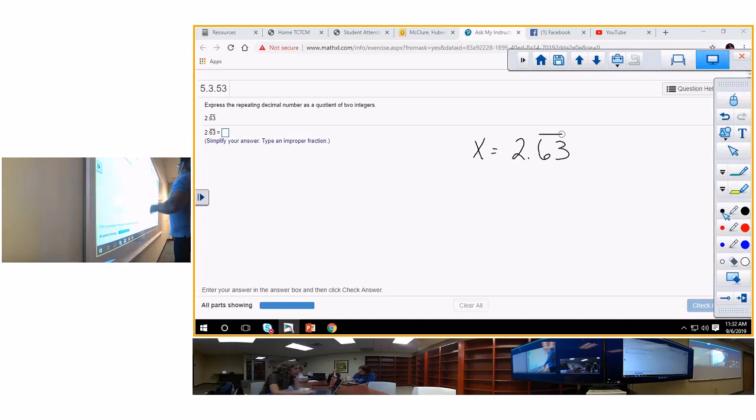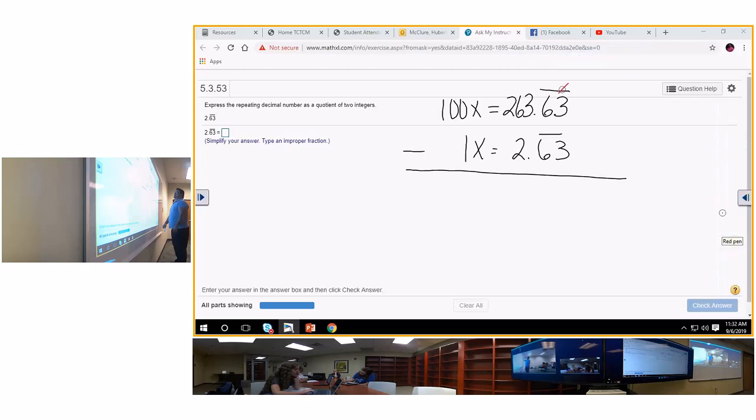Now, if I multiply that by 100, what am I going to get? I'm going to get 100x is equal to 263.63 what? Repeating. And draw my line and put a subtraction symbol. And what happens to the repeating?